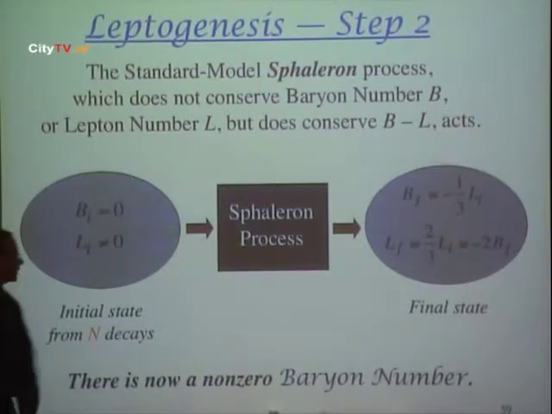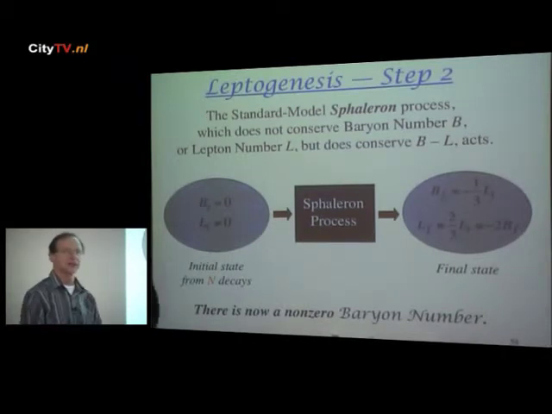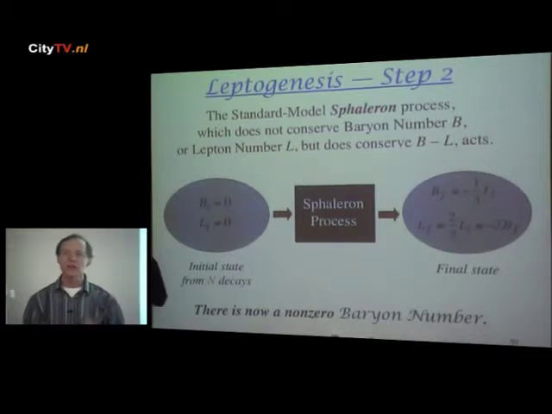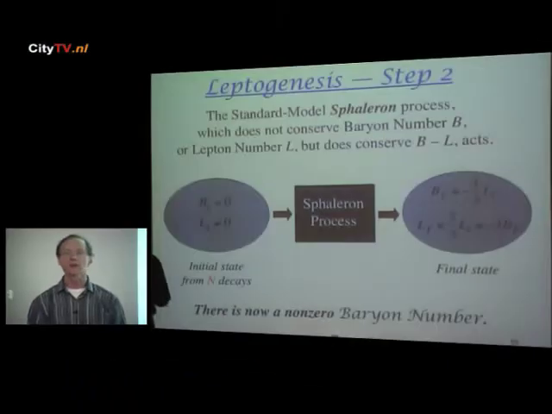And it's observed that this works quantitatively for very reasonable values of the parameters. Not only do you get a non-zero baryon number, but you get the observed non-zero baryon number, the observed number of baryons per cc relative to the number of photons per cc in the universe.